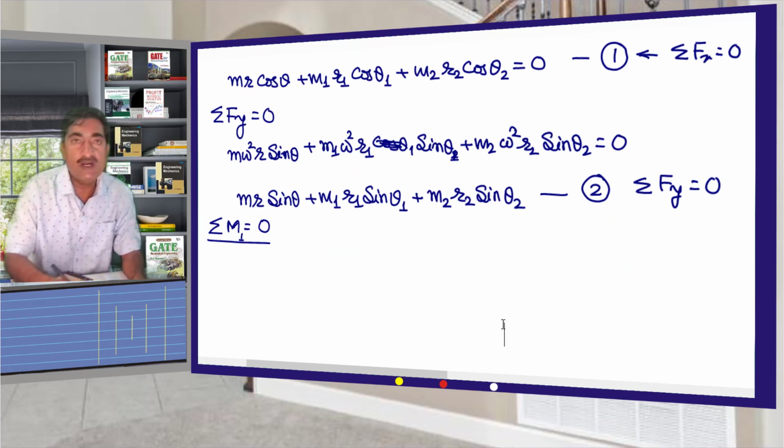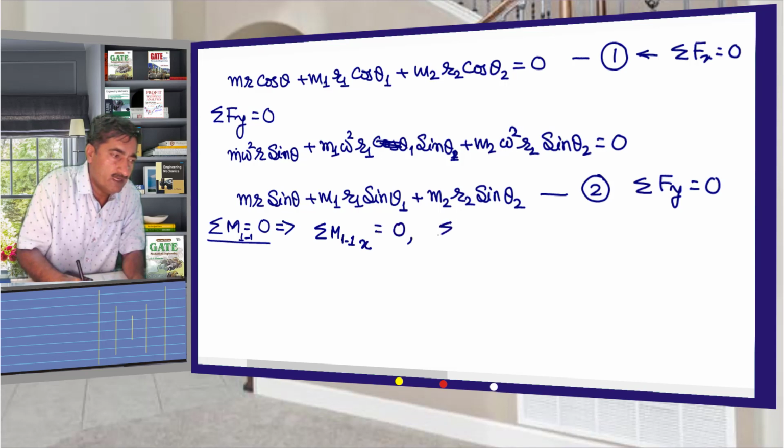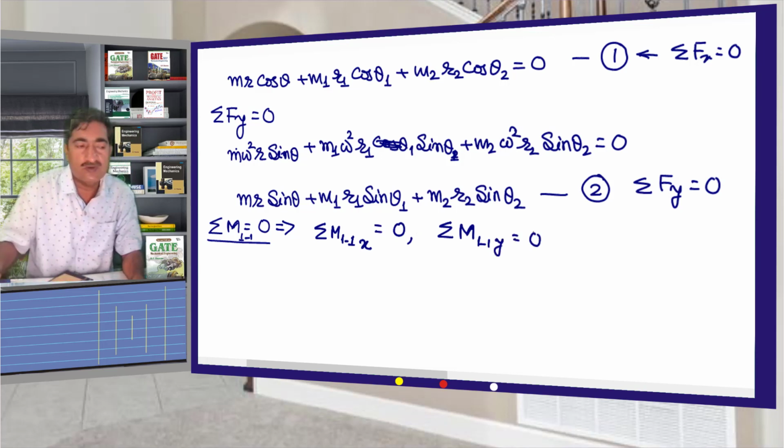The components of moment in x direction, summation M1 in x direction equal to 0, and summation M1 in y direction equal to 0.